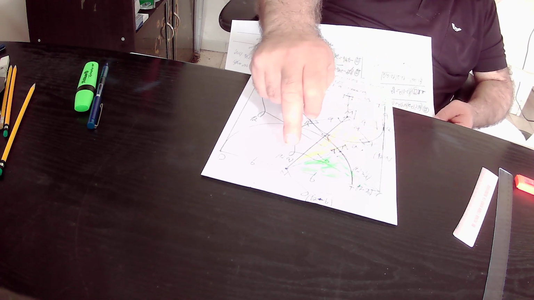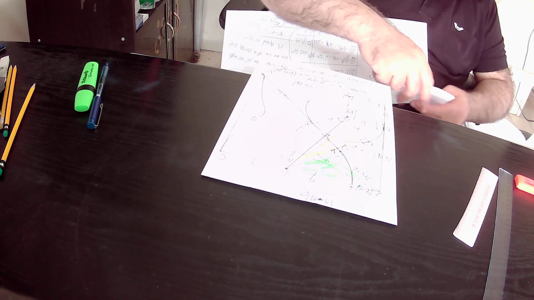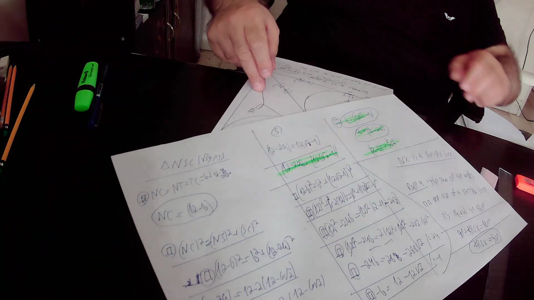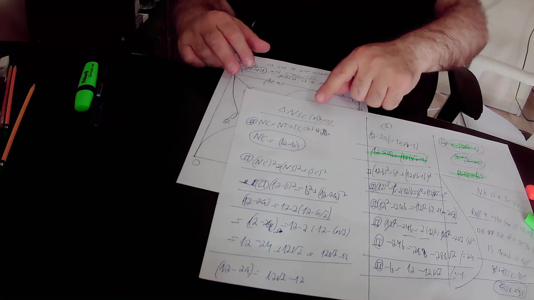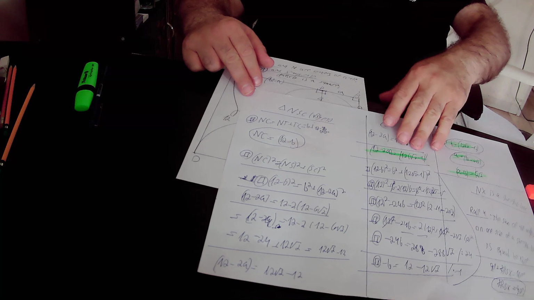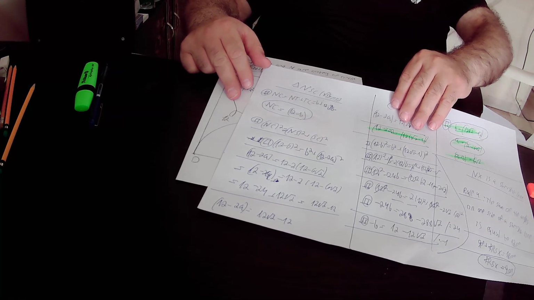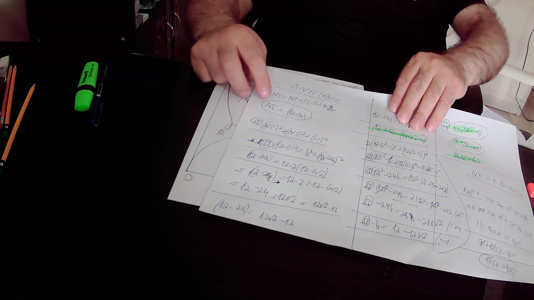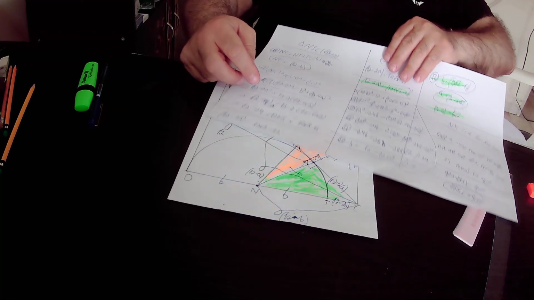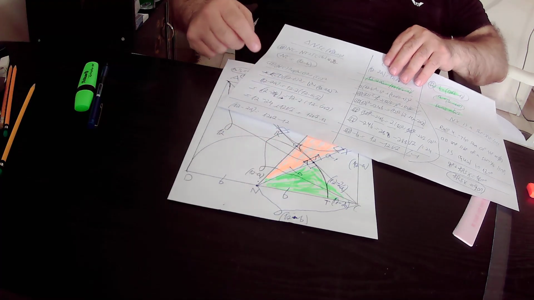NC equals NT plus TC. So NC equals NT, that is B, plus TC, that is 12 minus 2B. So in conclusion, we found out that the hypotenuse NC equals 12 minus B.